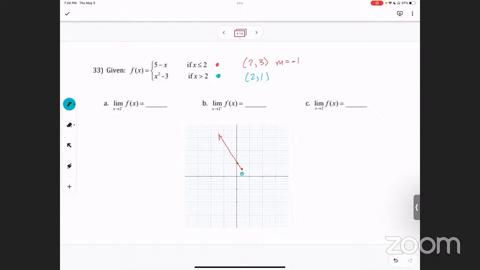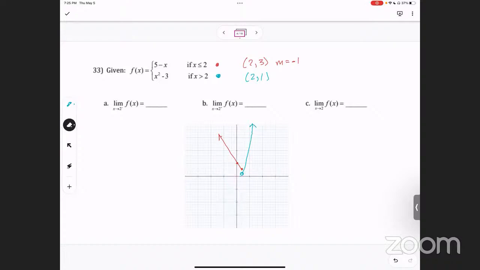So what I like to do for these is just graph the parabola. Notice it's x squared minus 3, which means it starts 3 below the x-axis. And it's going to go like this and like this. I like to just graph the whole parabola and then erase the part that is to the left of it.